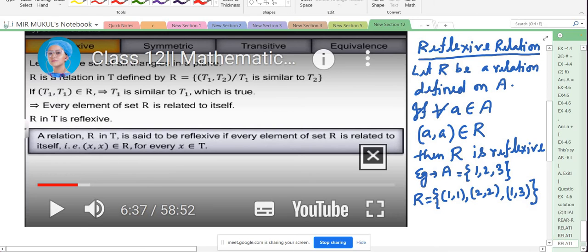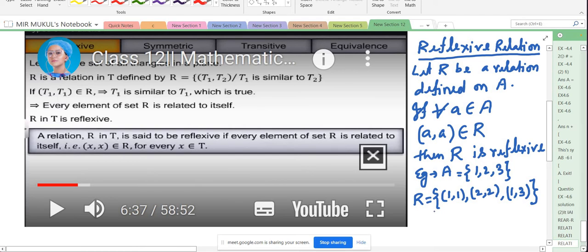Since this is a subset of A cross A, R is a relation defined on A. So can you say R is reflexive? It is a relation, but can you say it is reflexive?